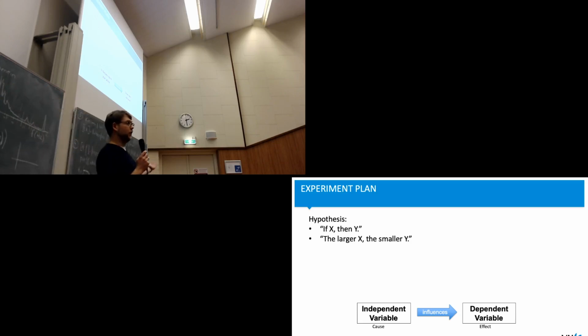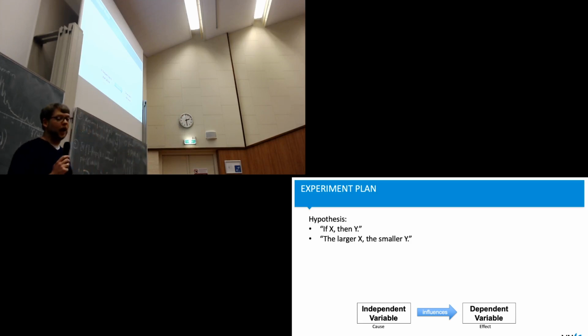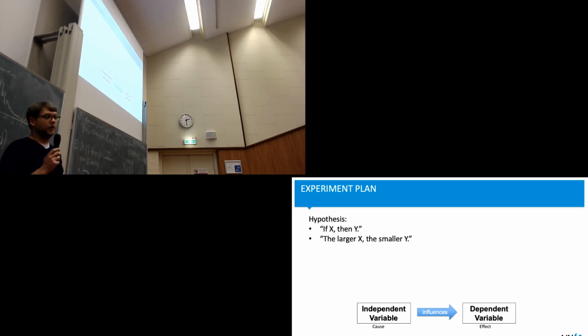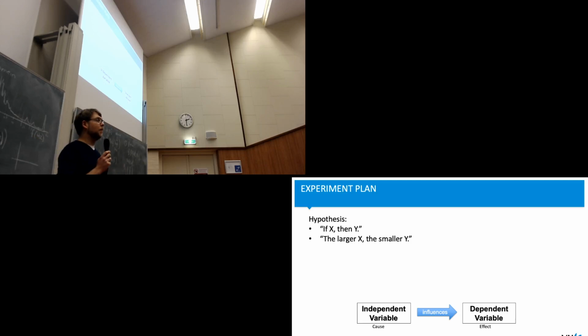I assume the light switch turns the light on. So my independent variable is the light switch, and I have a dependent variable, that I assume the light turns on. And now I can conduct an extremely simple experiment. I can press the button and have a look at what happens. And I might find an effect, or I might not find an effect.